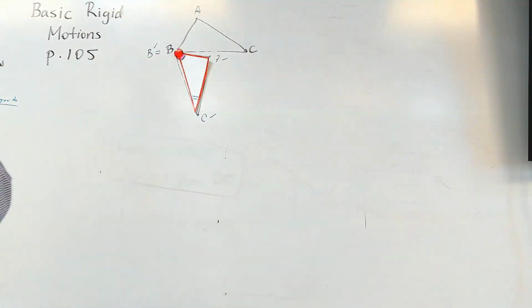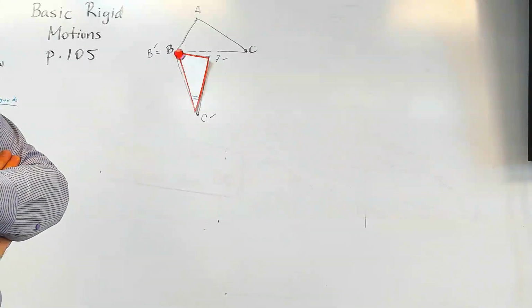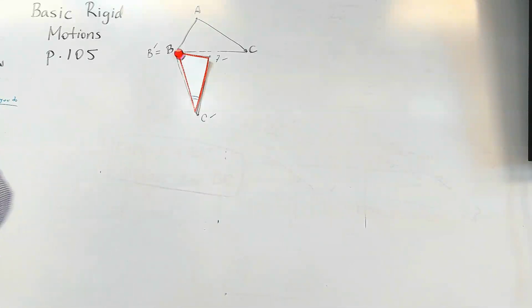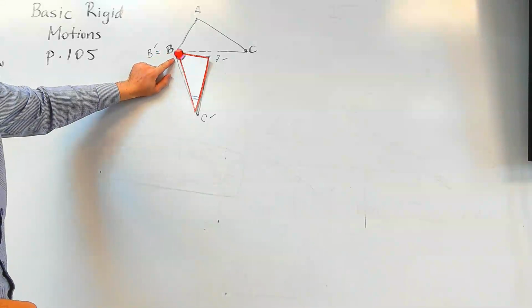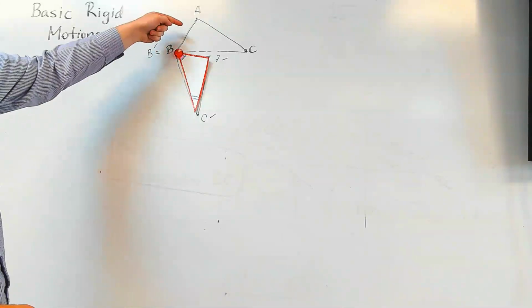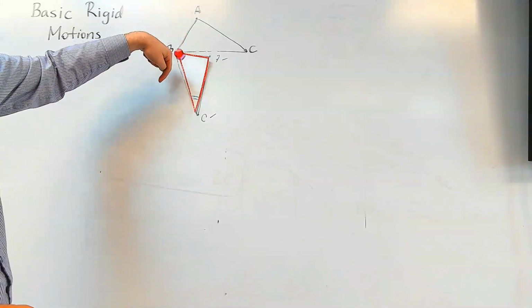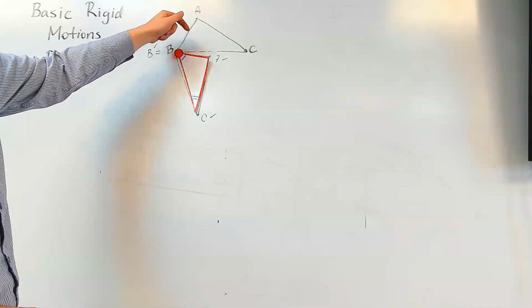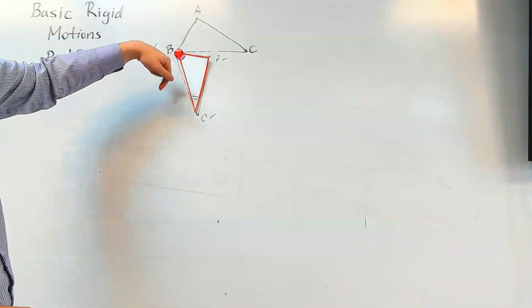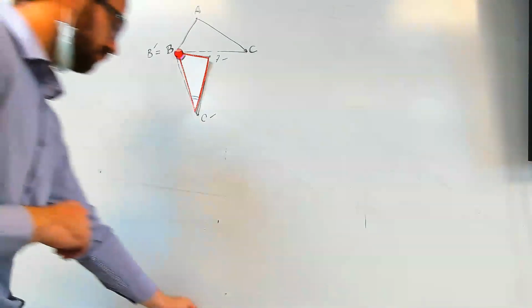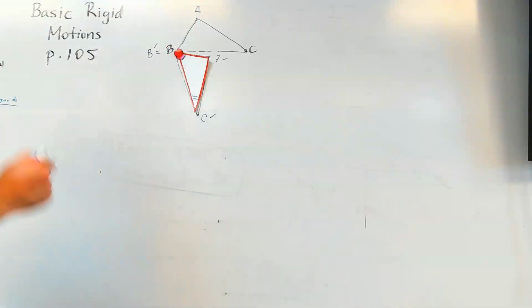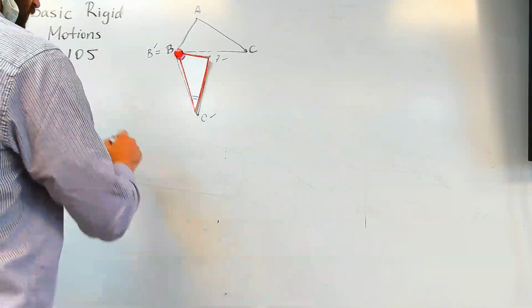And we got there specifically by doing 3 things. We rotated it around this point, point B, a number of degrees, and in the direction of clockwise, which is negative degrees. So, written down, that looks like this.